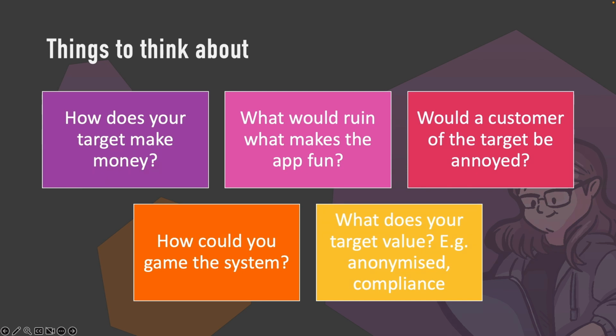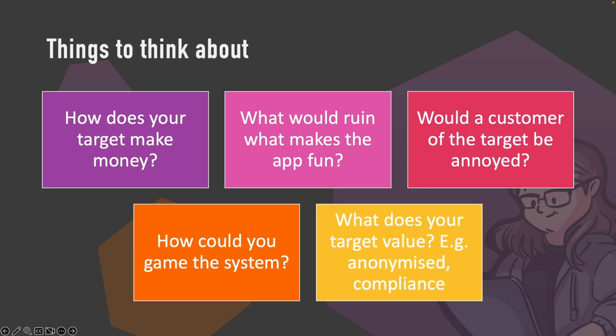So if they're making money through subscriptions, see if you can figure out how to bypass the subscription. If they make money through advertising, see if you can bypass the recommendation algorithm and therefore get more eyeballs on your ads without necessarily paying for that.